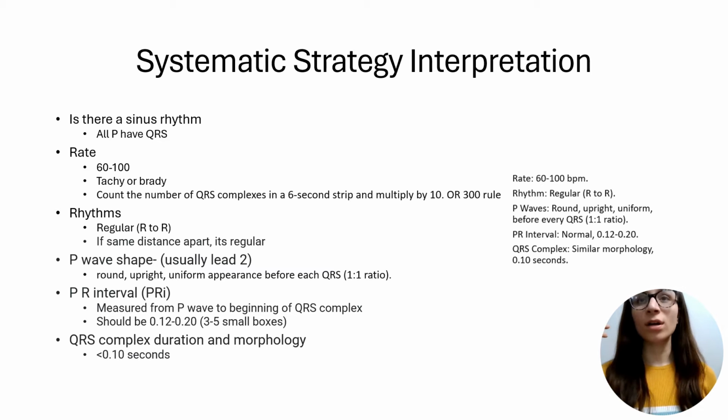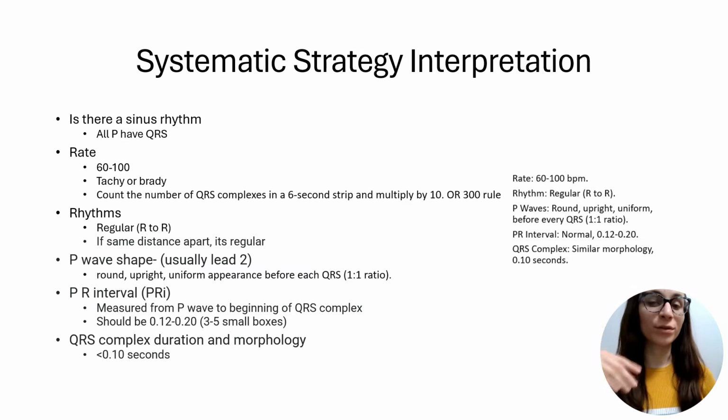So if there are 8 QRS complexes, 8 times 10, your heart rate would be 80. Or you could use the 300 rule, which I'm not going to go through much right now, but basically it involves counting the number of large squares between two consecutive R waves, and then dividing 300 by that number to get the heart rate in beats per minute.